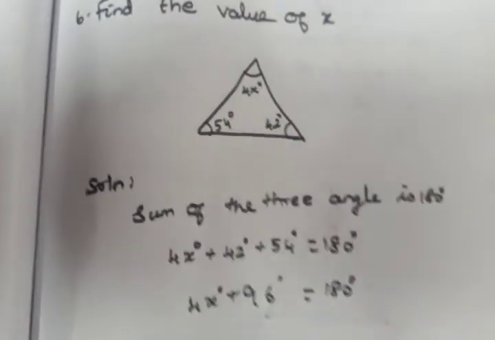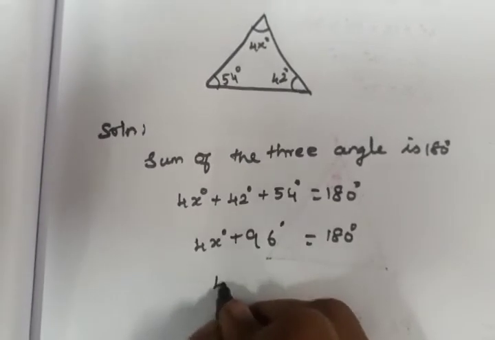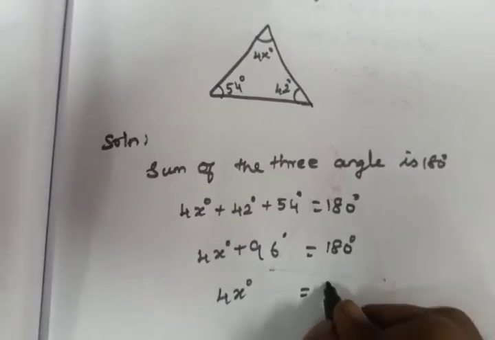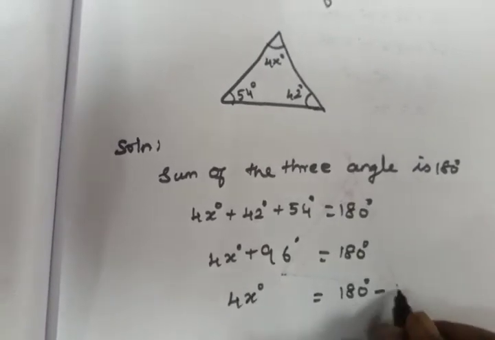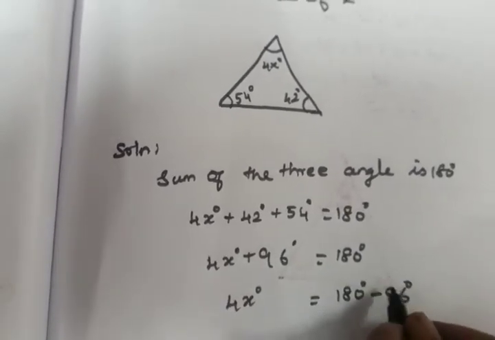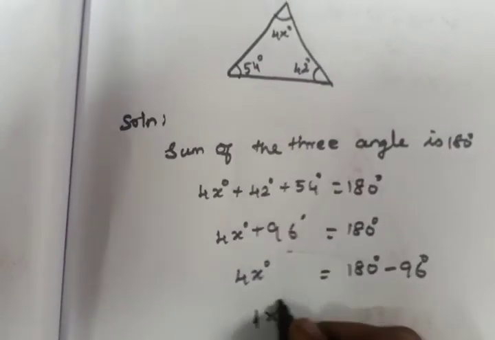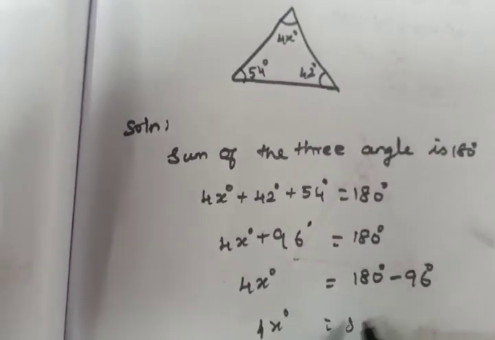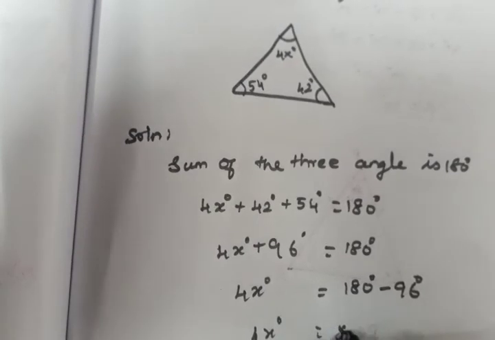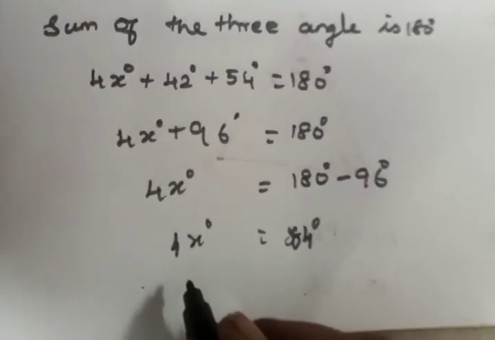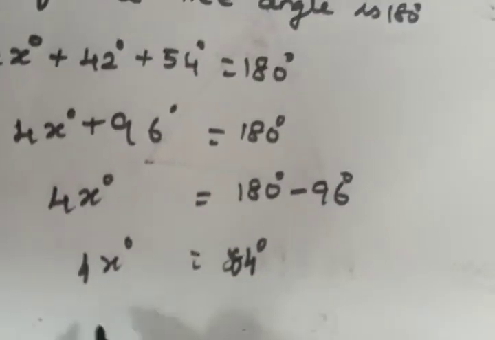Then next, 4x degree plus 96 degree, transpose to minus 96. So 180 degree minus 96 degree, subtracted, 84 degree. So 4x degree equal to 84 degree. Then next, multiply goes to division.